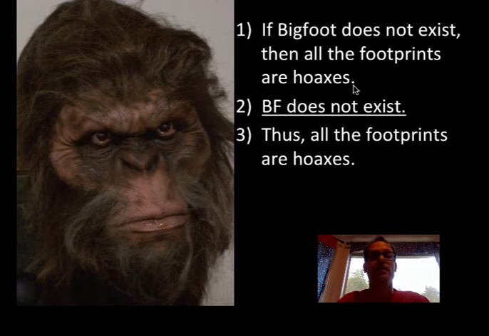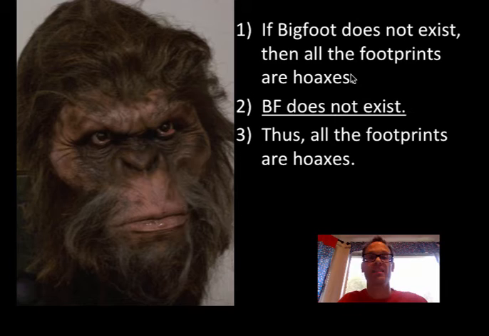They're just mistaken identification, right? Someone thinks it's a Bigfoot print, but it's not. It could very well be a bear. So this is a valid argument, but it's not sound, and it's not sound because 1 is false, because 1 is not actually true. Even if Bigfoot doesn't exist, it doesn't follow that all the footprints are hoaxes. Someone could have just taken a cast of a Bigfoot print, and it turns out that they were mistaken. It's not a Bigfoot print.